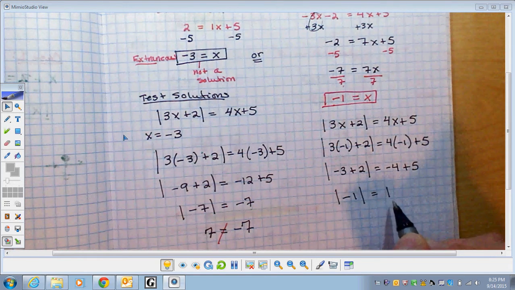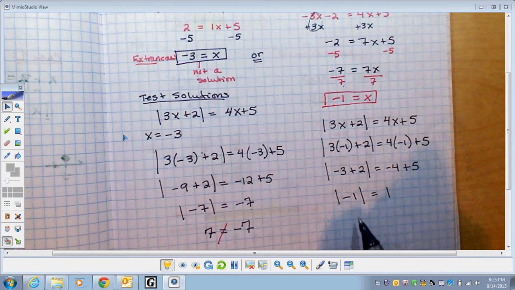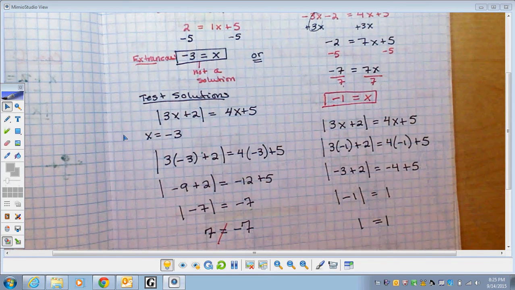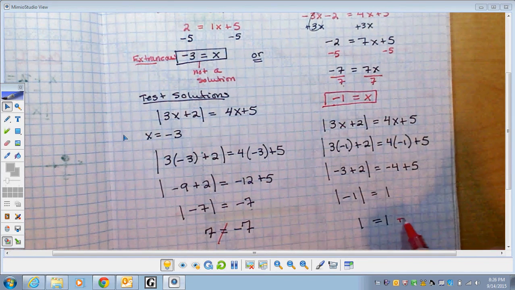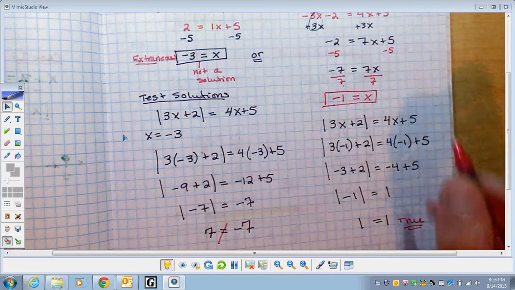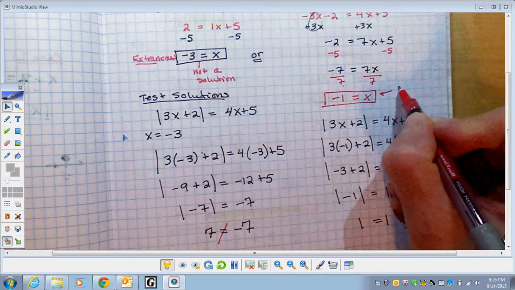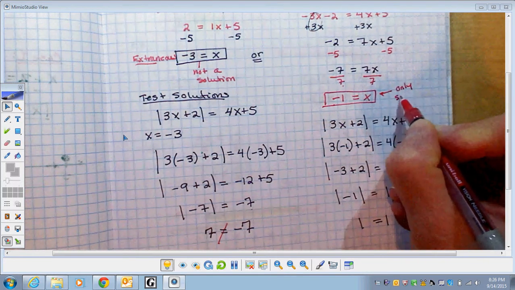Well, that's good. Absolute value can be a positive number. The absolute value of -1 is 1. 1 equals 1. So this here is true. So that means that this here is the only solution.